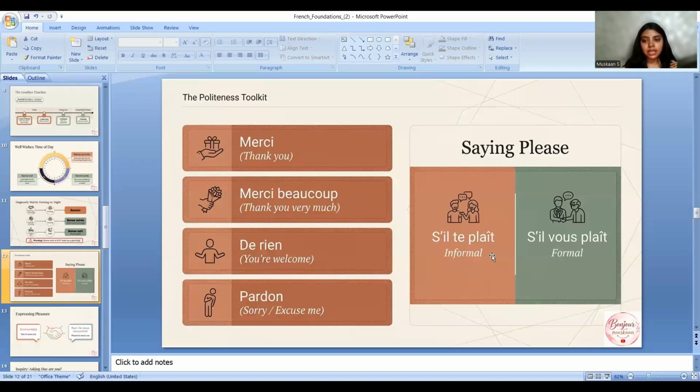And there are s'il te plaît and s'il vous plaît. Now let's repeat all of these words once again. First is s'il te plaît, s'il vous plaît. Then merci, merci beaucoup, de rien, pardon.